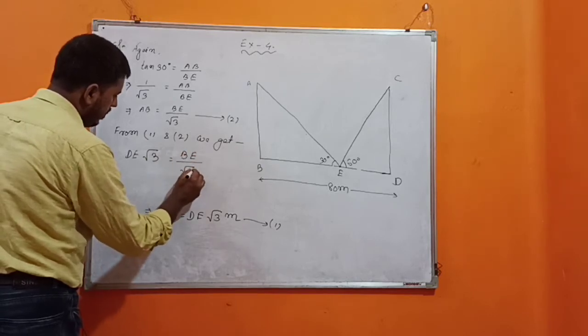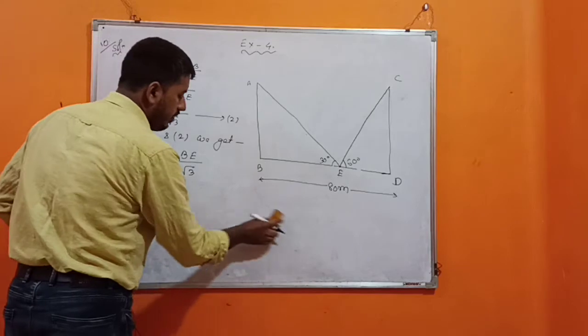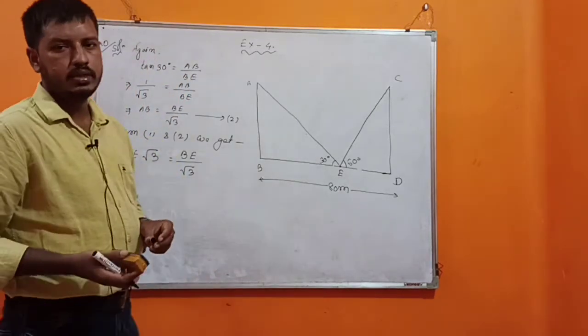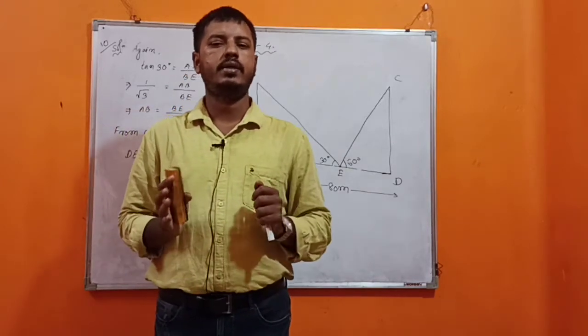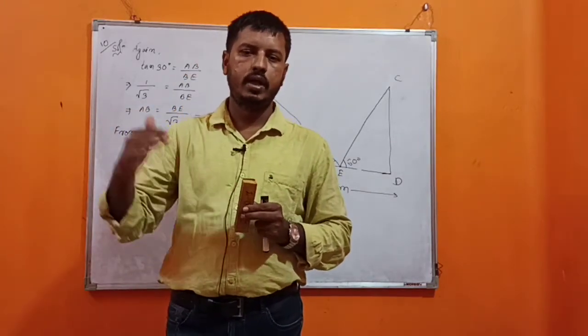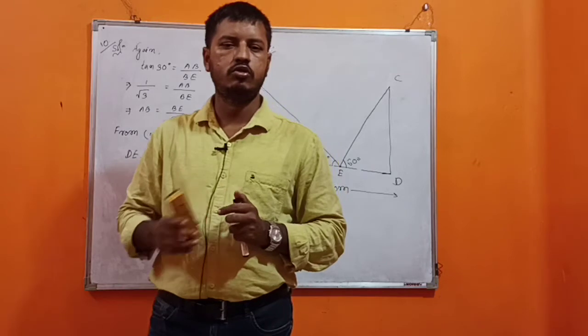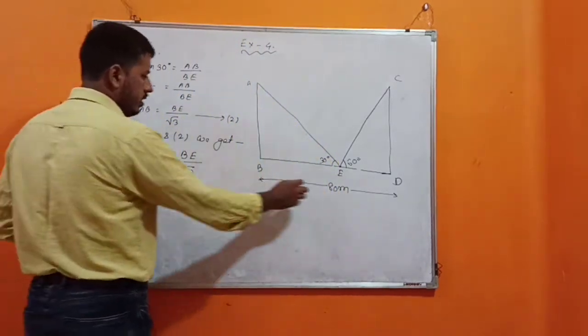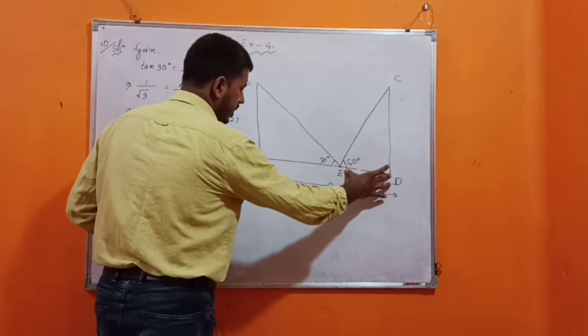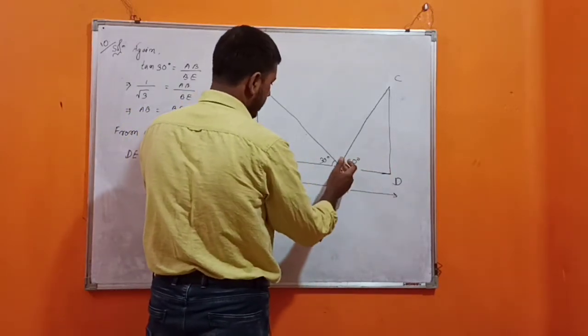I am repeating the same thing. Since the left hand sides of both the equations are the same, because it is given that the two poles are of equal heights, the right hand sides of these two equations are also the same. Now DE can be written as this part minus this part.